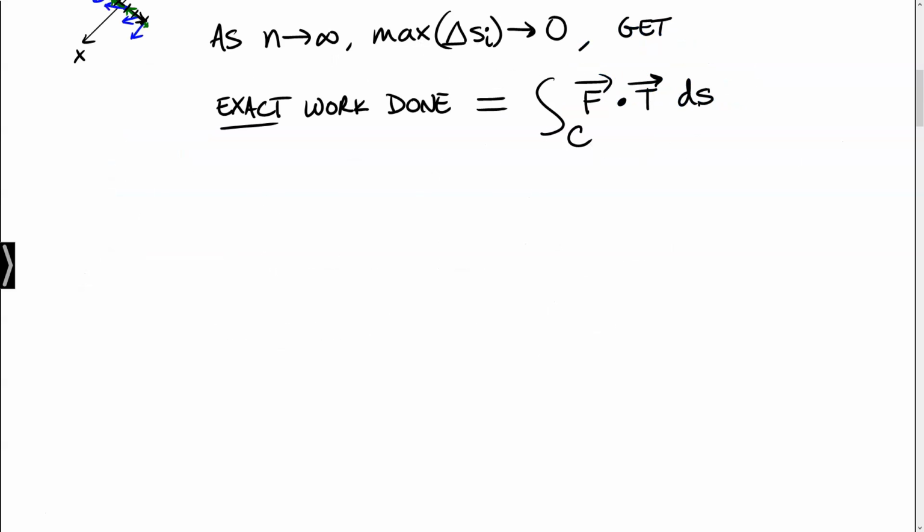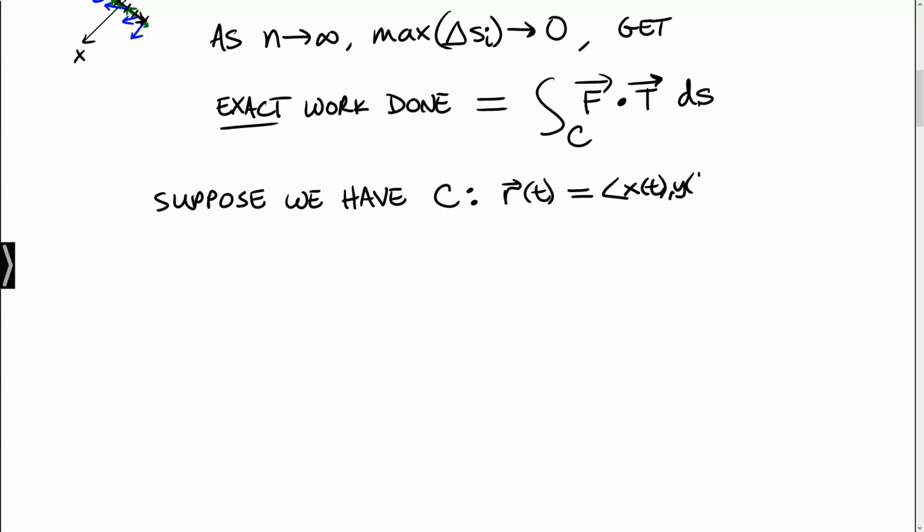In fact, let's look at one of those now. So now let's suppose that we have a particular parameterization of C. Let's say it's r of t equals x of t, y of t, z of t, where t runs from a to b.